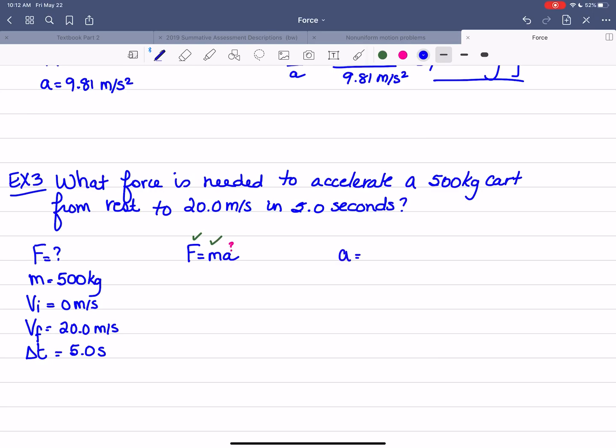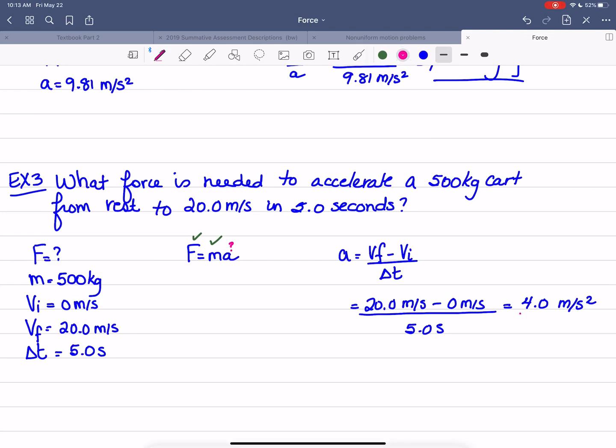The formula for acceleration that we learned in the last section was VF minus VI divided by delta T. Oh, now I see that I have all the variables that I need. So 20.0 meters per second minus 0 meters per second in 5 seconds. I have an acceleration of 4.0 meters per second squared.